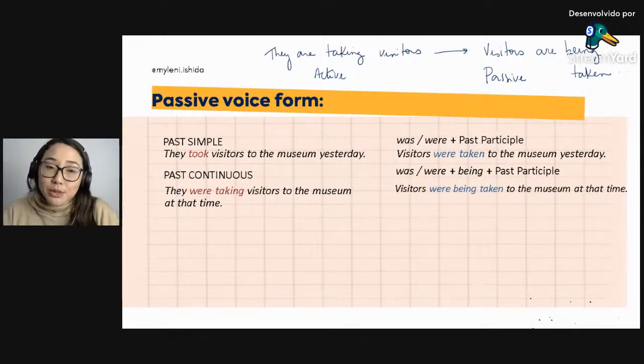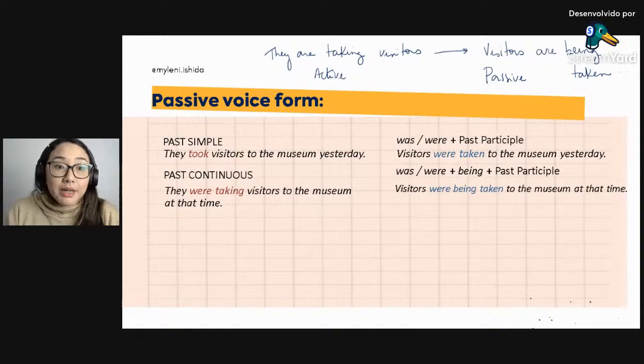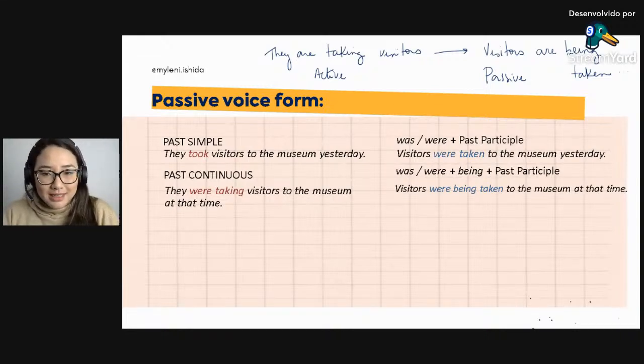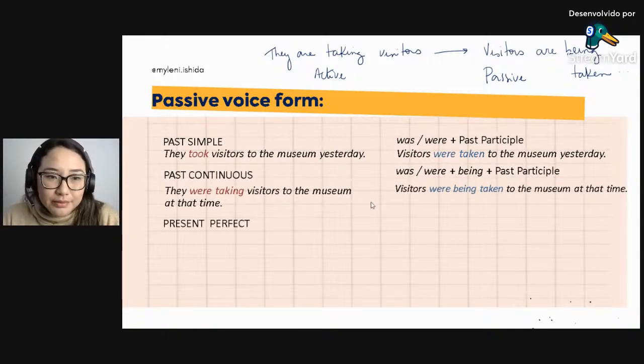Okay, so this is useful for the reading, but also for the writing. I believe that most of you are here because you want to take the Duolingo to get into college. And in your college life, you will have an academic life, right? This is used a lot in academic writing, okay? So get used to that, okay?